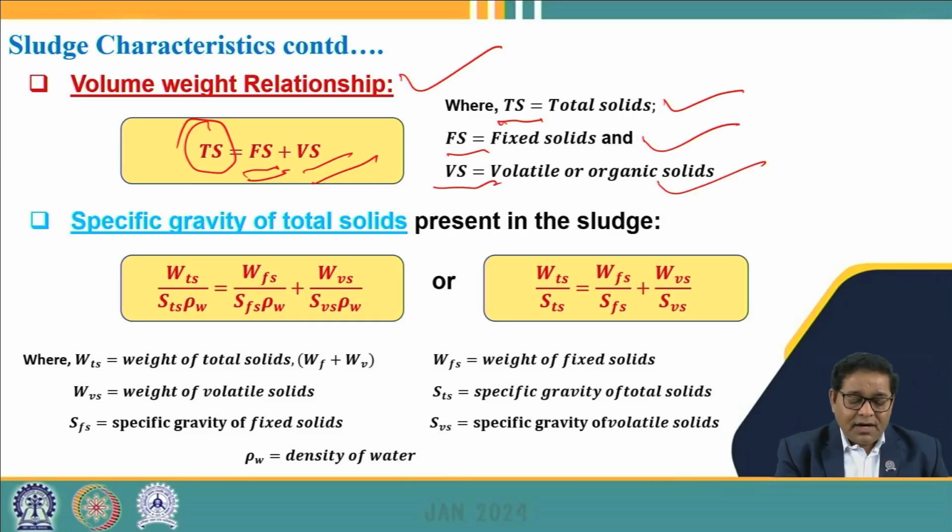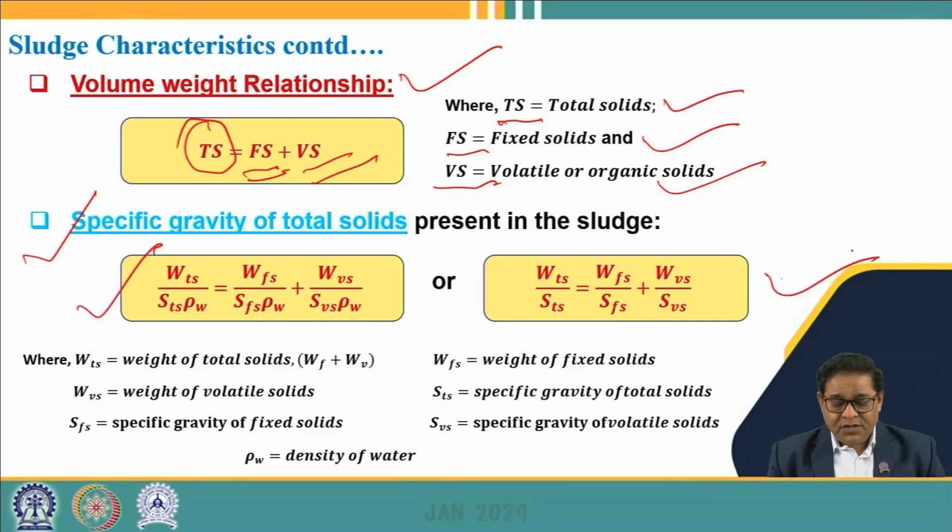Another parameter used for characterization of sludge is the specific gravity of the total solids, which is represented by these two equations. In this equation, WTS divided by STS into rho W is equal to WFS divided by SFS into rho W plus WVS divided by SVS into rho W.